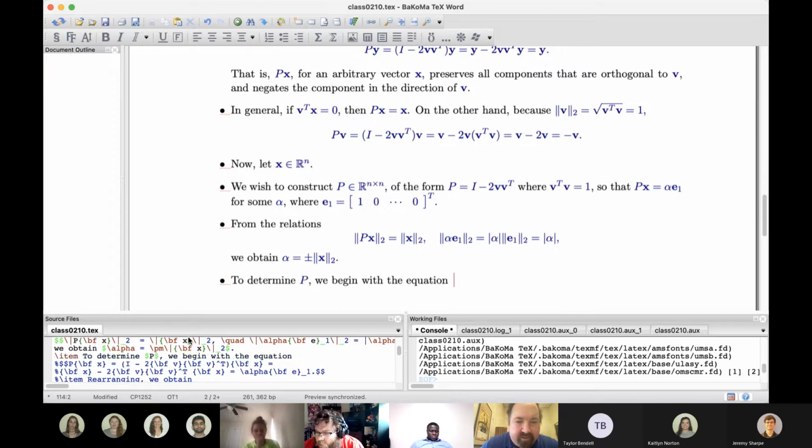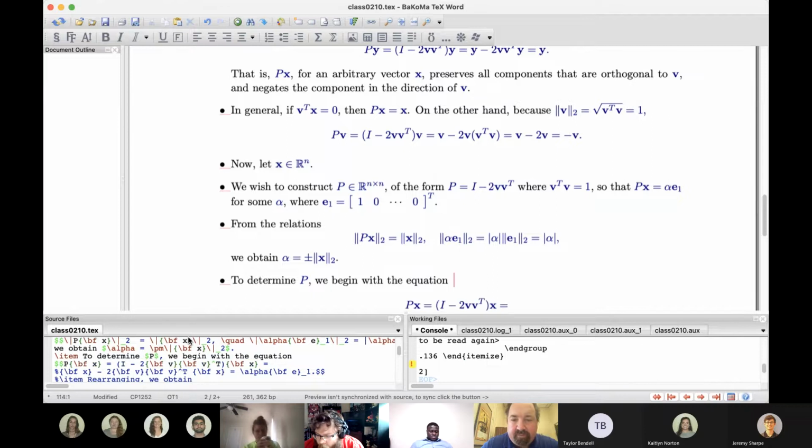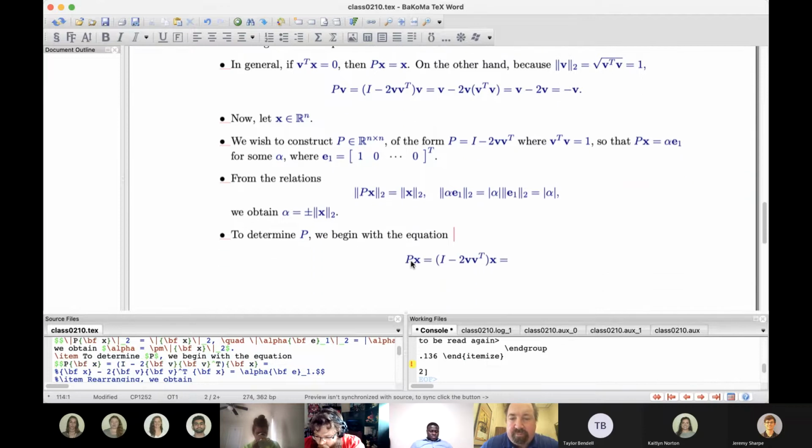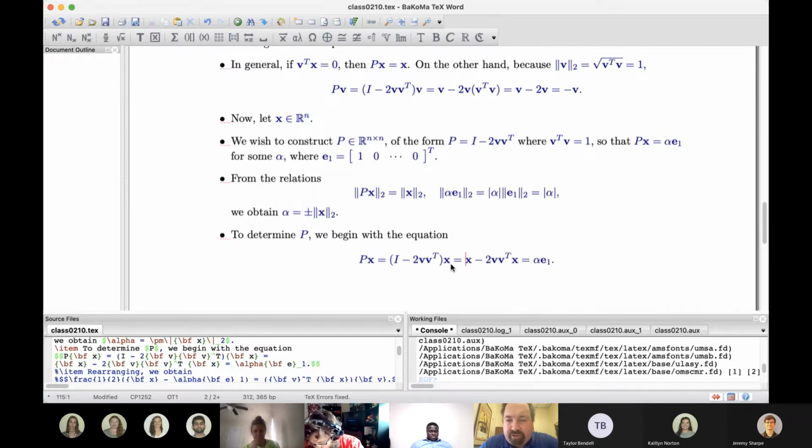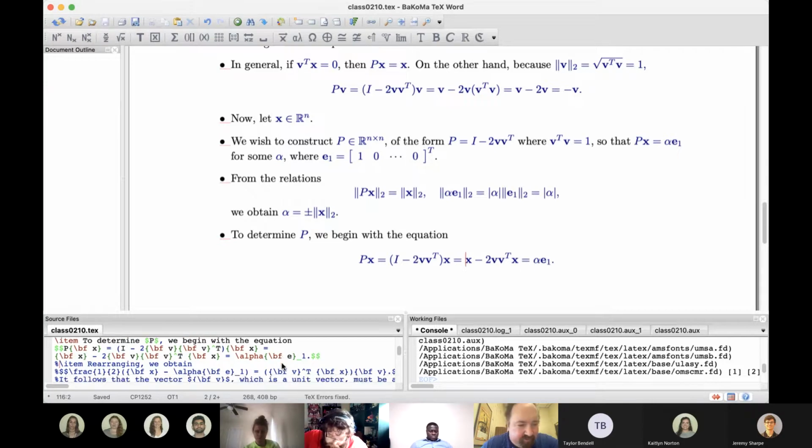So how do I get V that will make this happen? Well, I start computing P times X. So I fill in what that is. I distribute. So I have X minus 2 V V transpose X, and that is equal to this alpha E1. So I want to make sure that this happens.